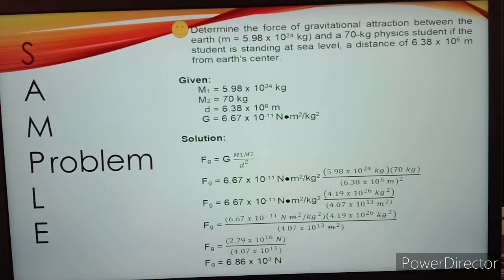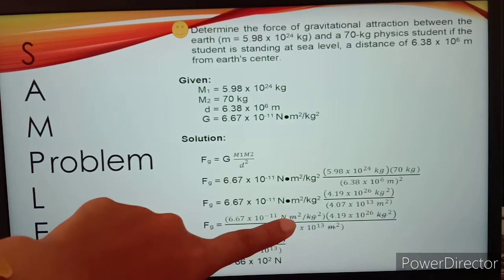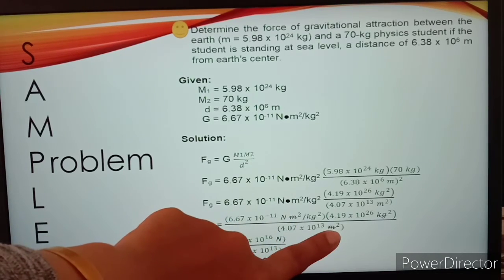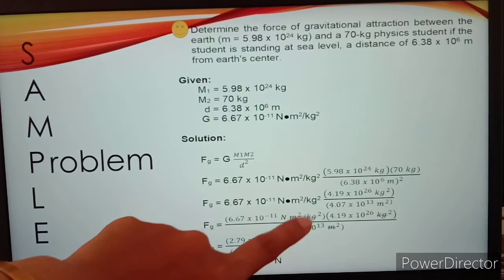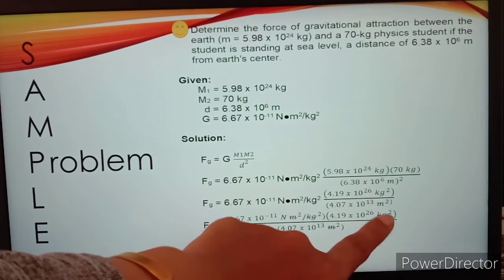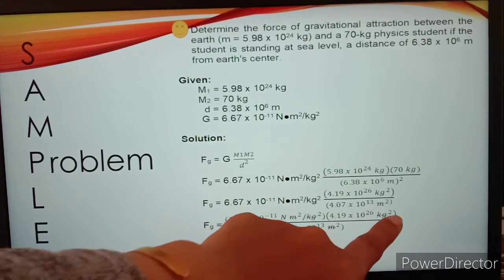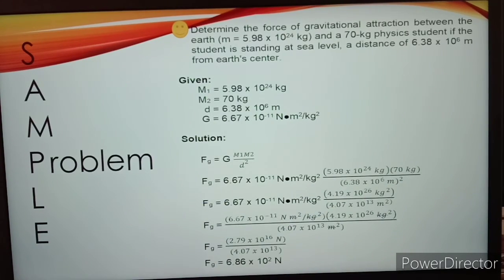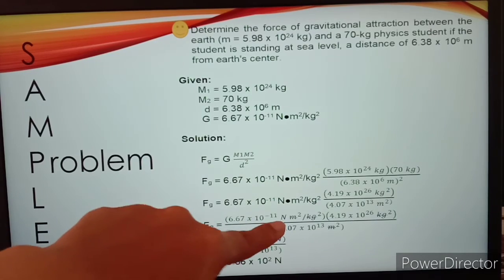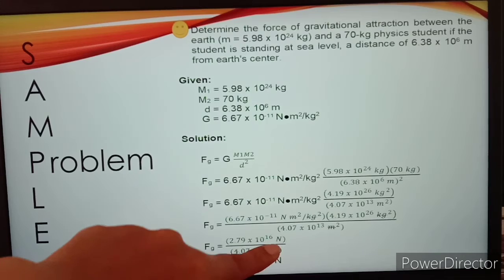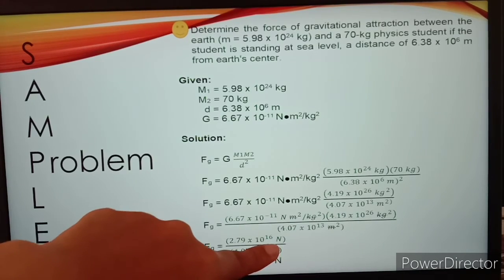In our universal gravitational constant we have meter squared, so we can cancel out this same unit. Then we have kilogram squared, and we can cancel out the same units. What is left is the Newton, which is why there is a Newton in our numerator.